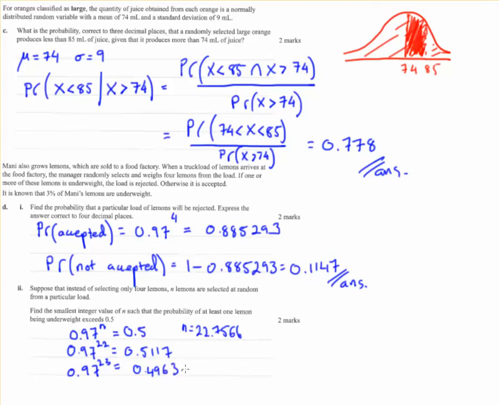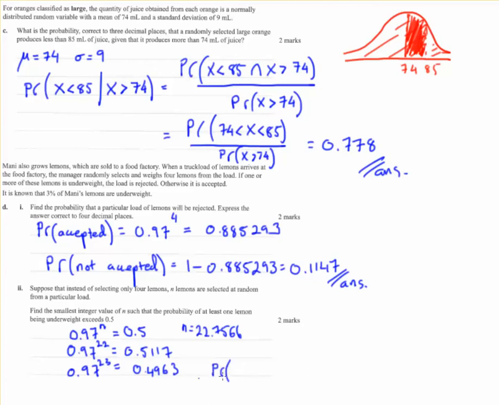Which value of n do we take? Keep in mind that we've worked out the probability that a batch is accepted.